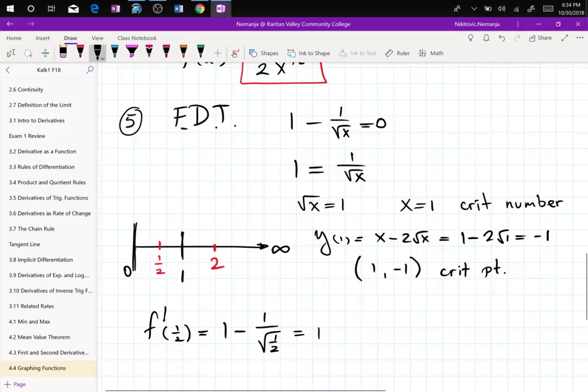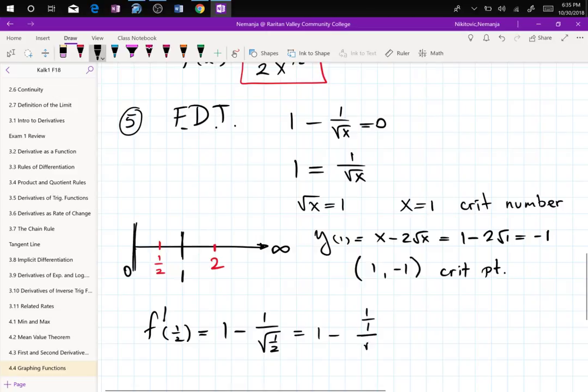First derivative is 1 minus 1 over square root of 1/2. This is 1 minus. Do you guys see that this is working the double fraction? Or do I actually have to go through elementary algebra over here? The top fraction is 1 over 1.